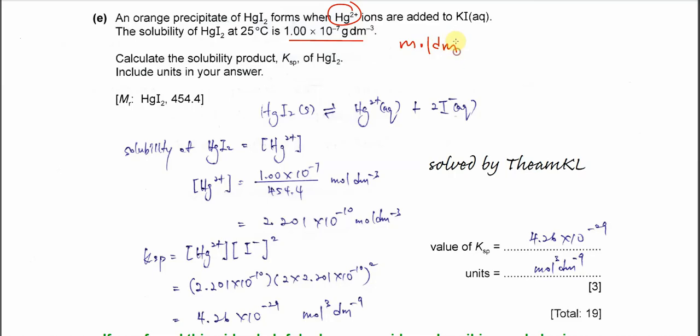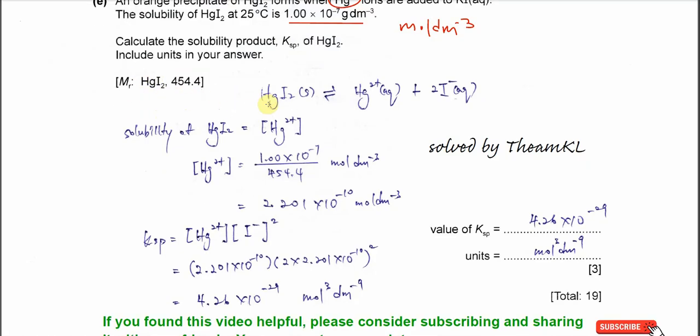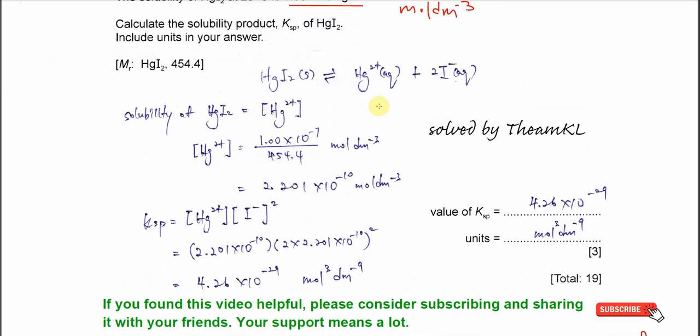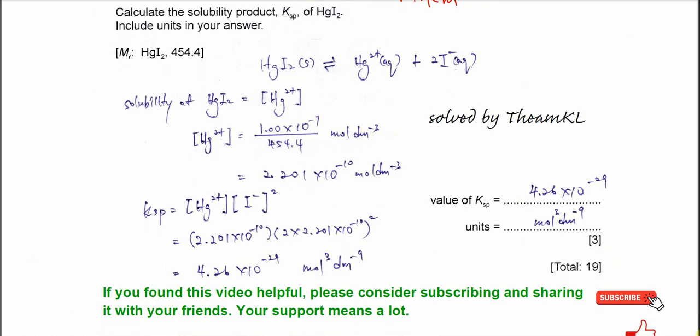All the concentrations used to calculate the Ksp need to be in mole per dm cube. The molar mass of mercury iodide is given: 454.4. Before you start the calculation, please make sure you do this step. This step is important. The mercury iodide will partially dissolve and form mercury ions and iodide.